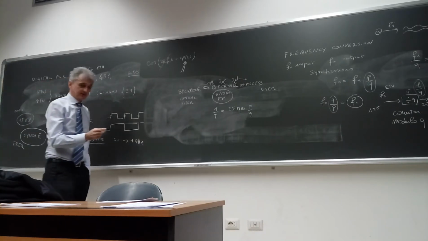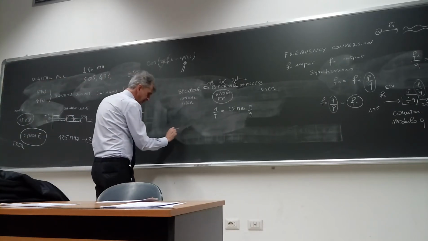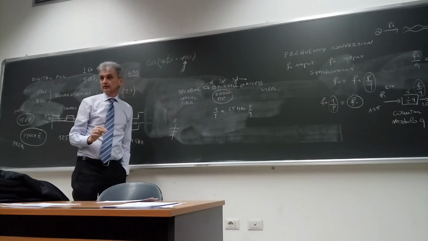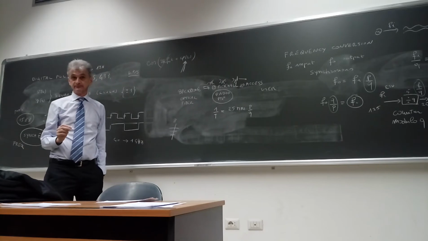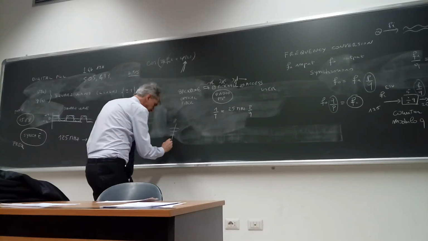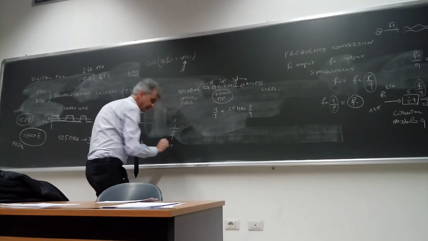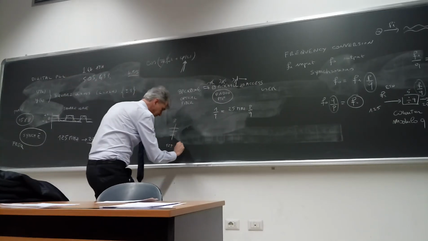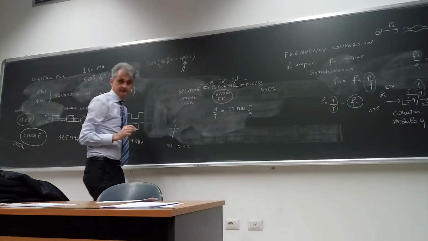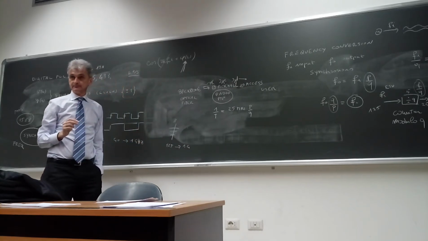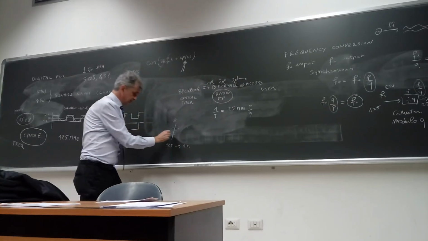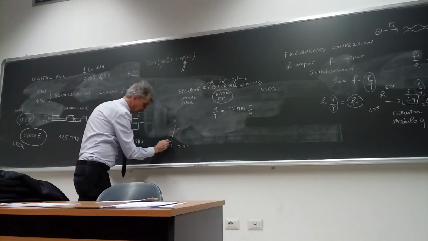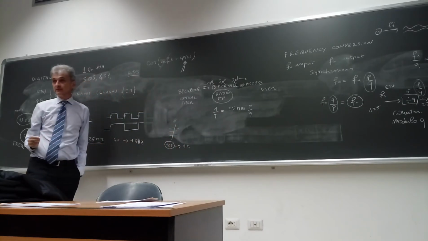Actually, in the Ethernet, you do have 8 parallel channels. Every one of the 8 is 125. So in the end, this is the 1 giga. All these 8 channels are synchronous with the clock at 125.